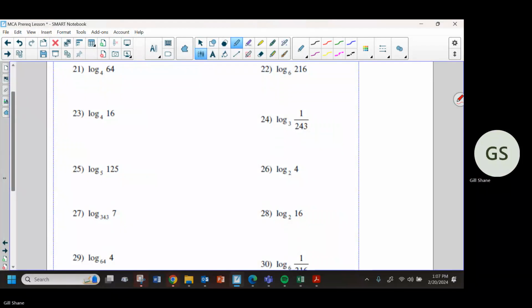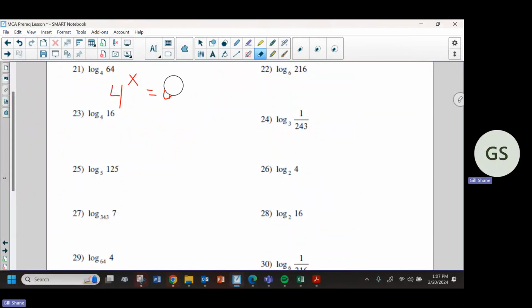What does this mean? It means 4 to the unknown power equals 64. You shouldn't need a calculator. This is the one-to-one thing. The one-to-one says I would change that to a base of 4 and an exponent of 3.